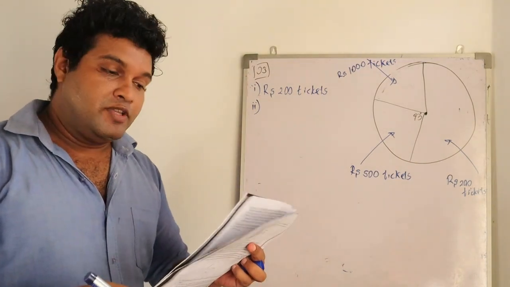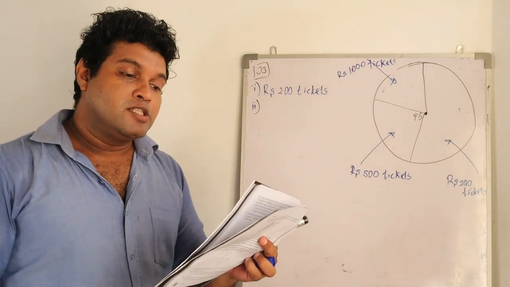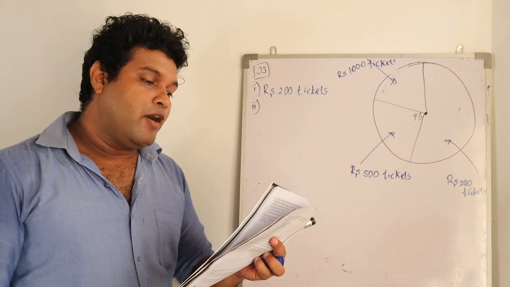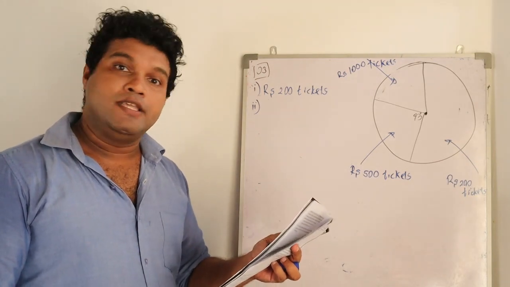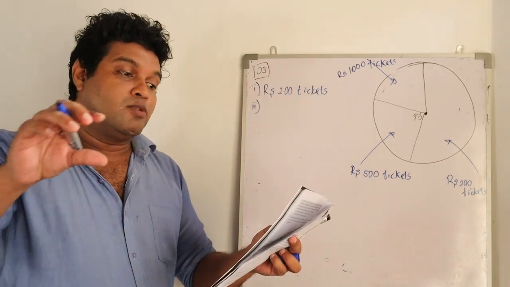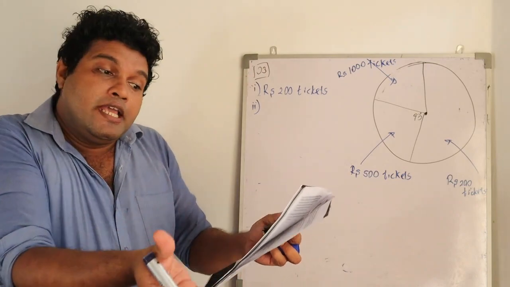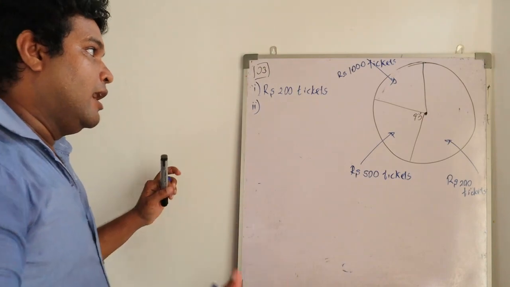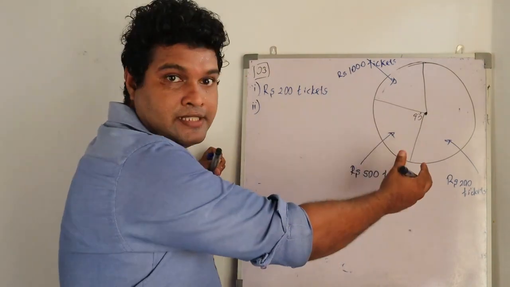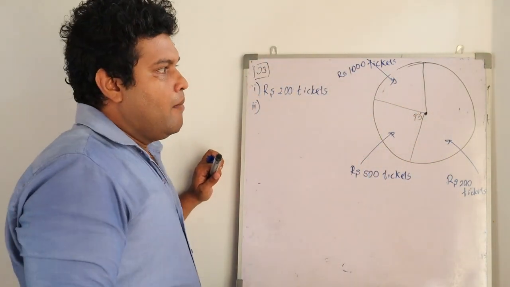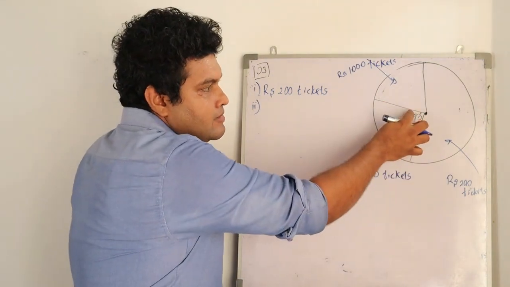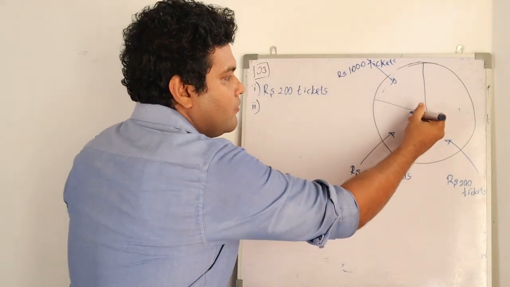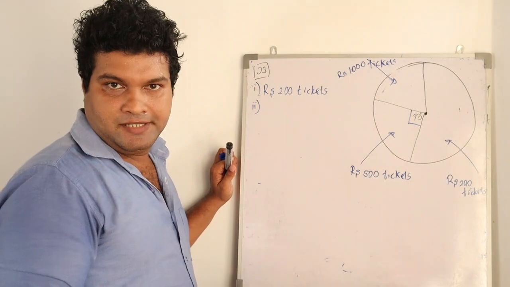Second one. What fraction of the total number of tickets sold is the number of 500 tickets sold? We have to write down the number of 500 tickets as a fraction. But we have been given this 90 as the relevant angle for the 500 tickets.